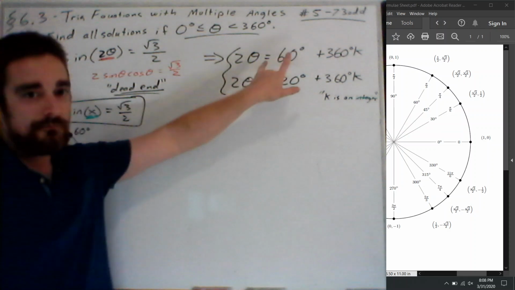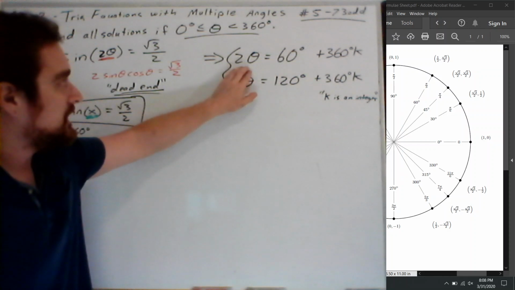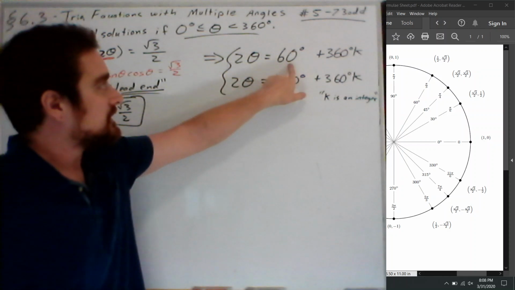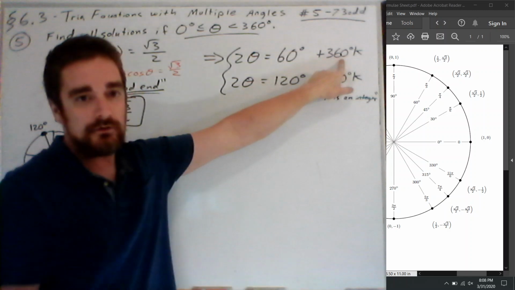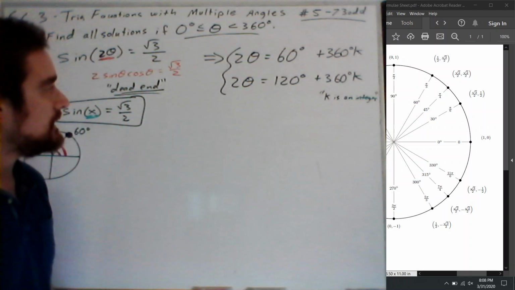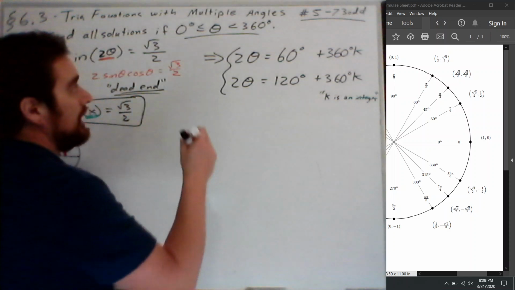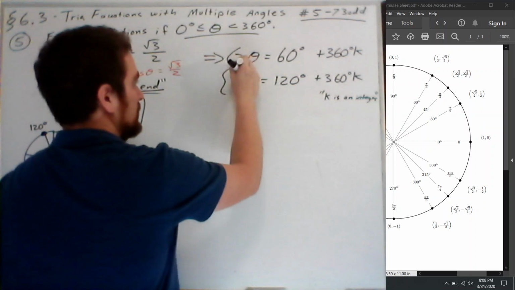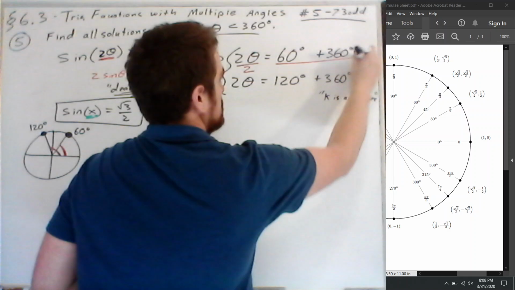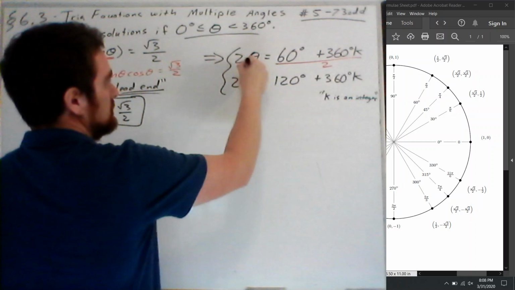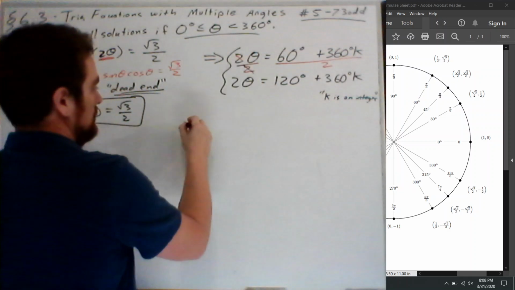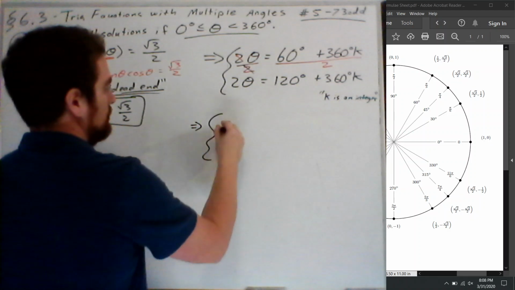Okay, so far we've got twice theta should be 60 degrees plus 360 times some integer k. But I don't want to know what twice theta is. I want to solve for theta. I want to know what theta is. So I'm going to divide both sides by 2 to get theta.